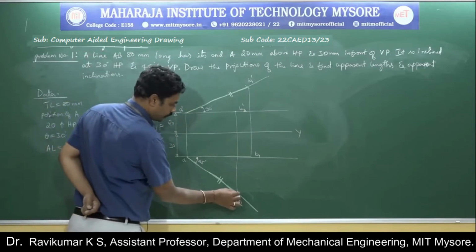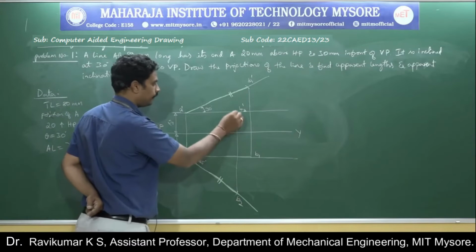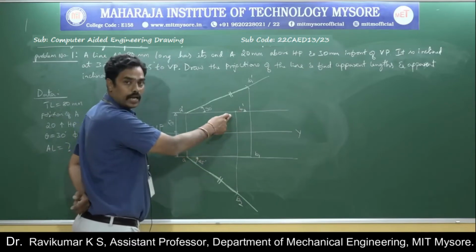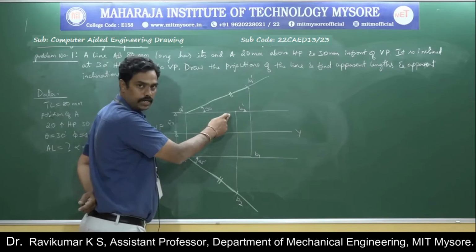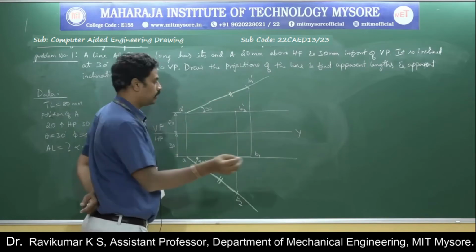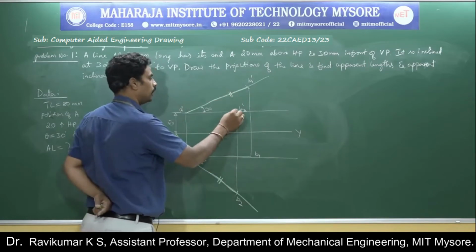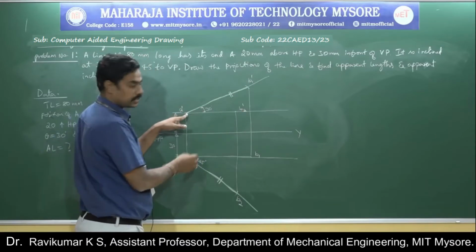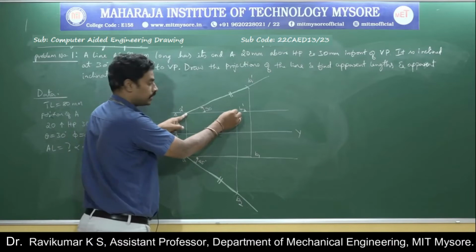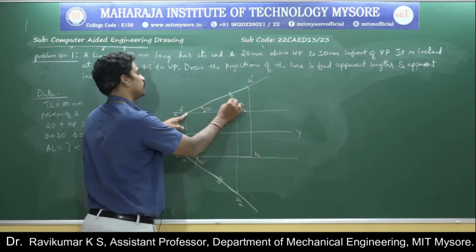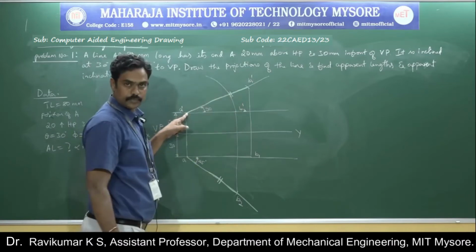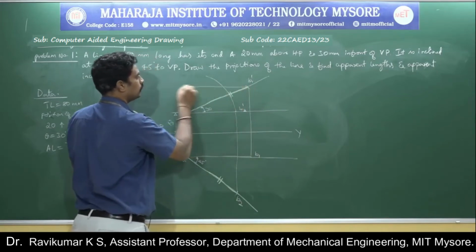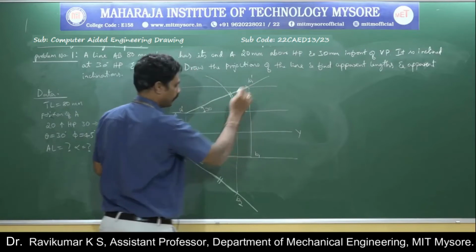Now I have drawn a projector from B2, ending up with B2 dash here. Here it is appearing parallel. Appearing parallel means it is inclined, so I need to take off the inclination. To do that, you have to rotate this with respect to A dash. Select A dash as center, A dash B2 dash as radius, and rotate this backwards. Once you get this point, you need to draw the locus of B from this point.